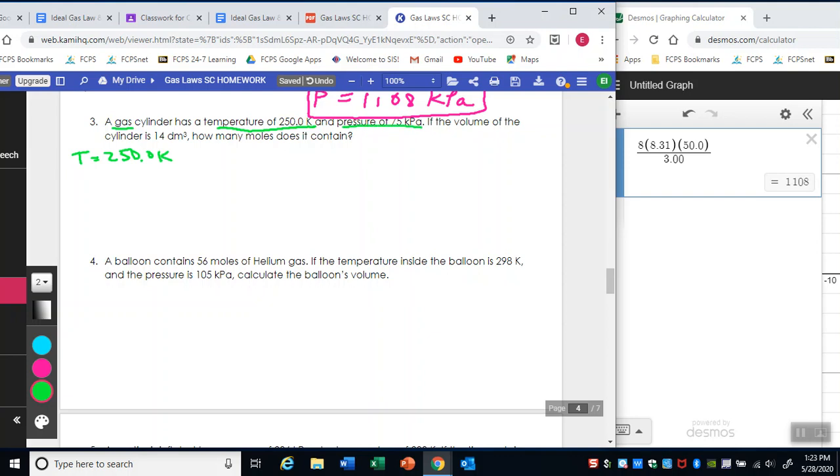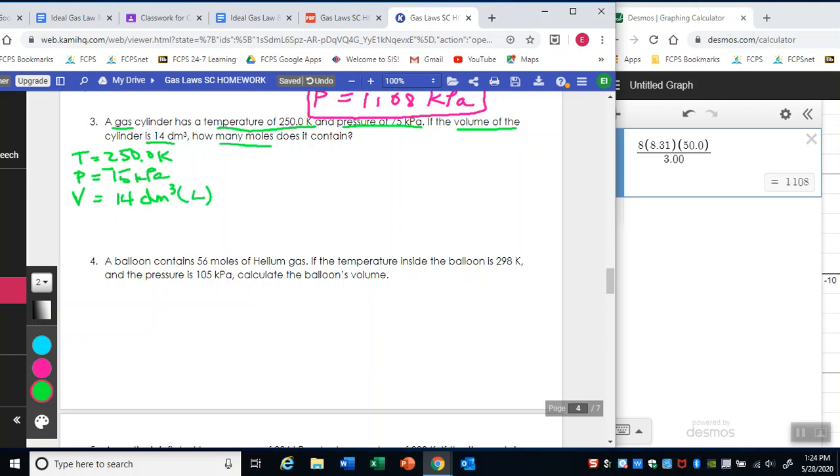Pressure is 75 kilopascals. I've got a volume of 14 cubic, right? The little 3 means cubic, and then this is a decimeter, which is also a liter.